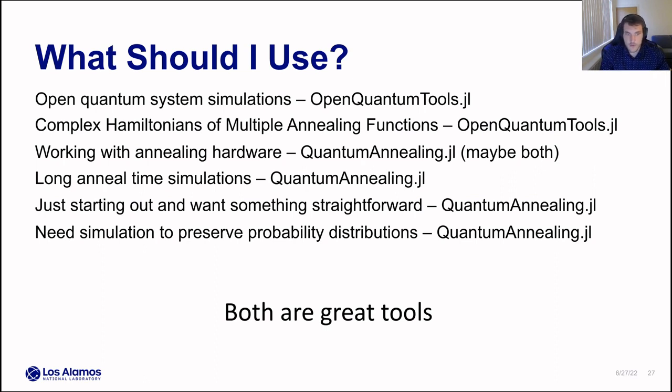And if you're trying to do much more rapid prototyping or you're working with long annealing times, then QuantumAnnealing.jl ends up being a little bit more convenient of a tool because it automatically tunes its errors and has the guaranteed built-in probability preserving properties.